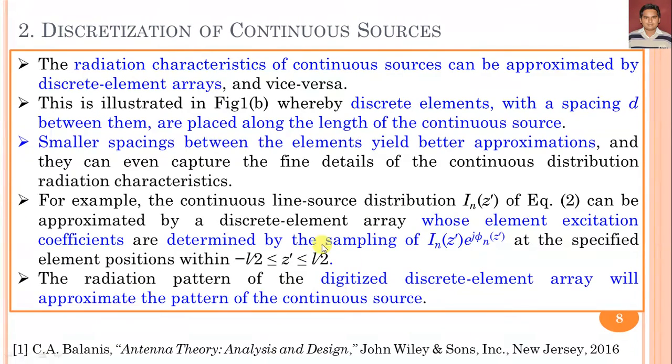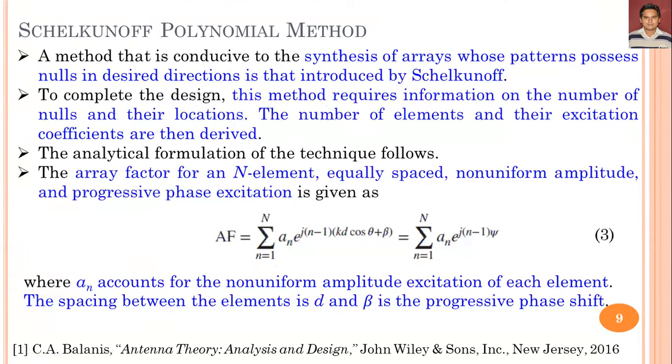The radiation pattern of the digitized discrete element array will approximate the pattern of the continuous sources. So this analysis we have considered for the array synthesis also, and one by one these two processes, continuous sources and discrete sources, will be considered to analyze the different array synthesis methods.